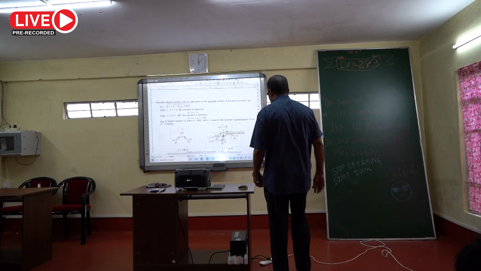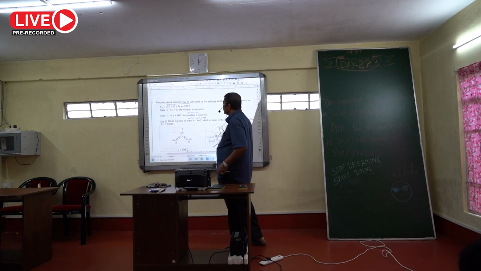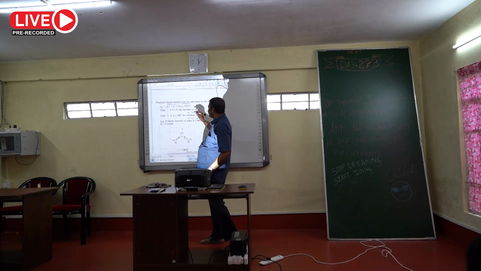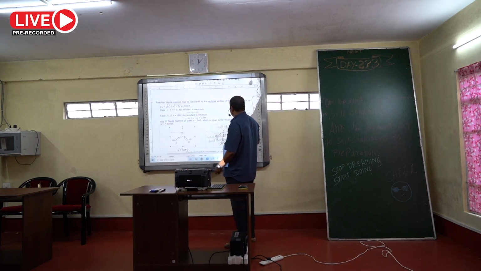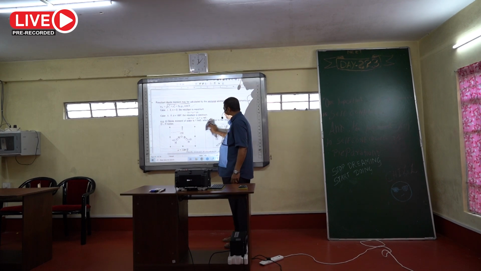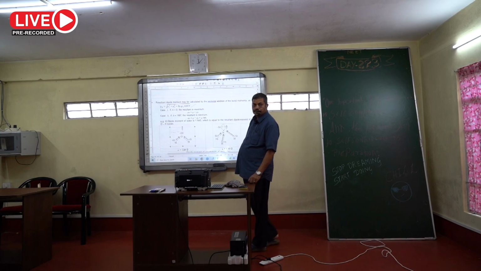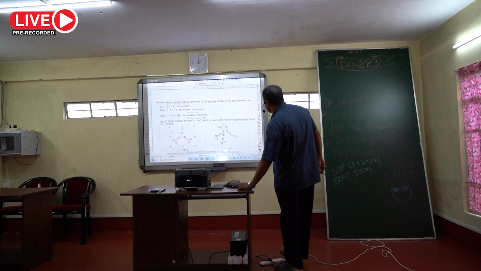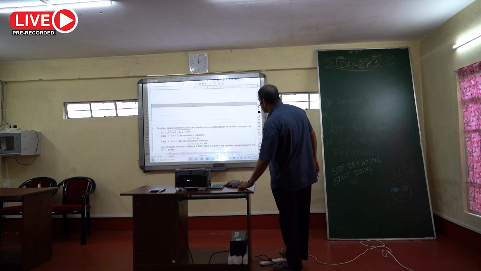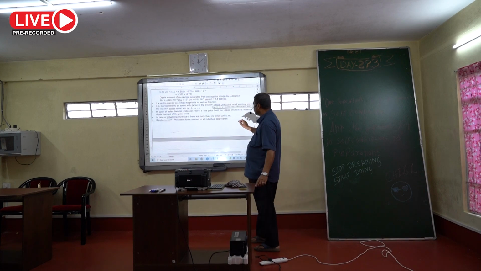You can add one more point. Mu resultant is equal to this point. Mu R means resultant.